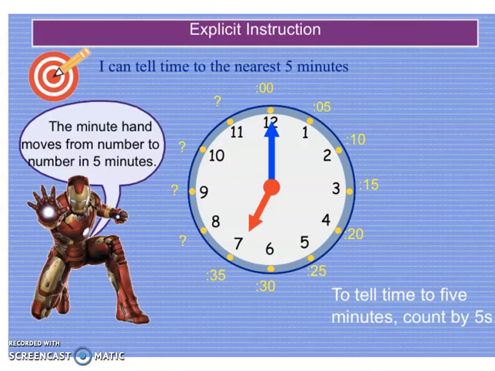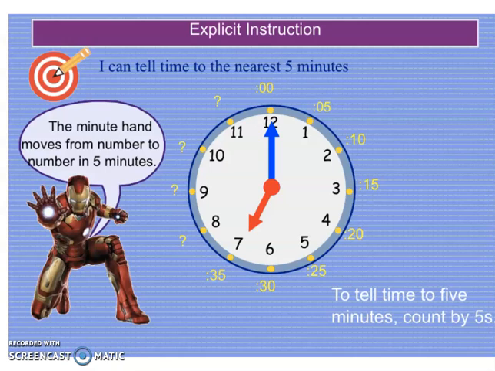Let's look at the other problem. Now, we're going to start with our lesson. I can tell time to the nearest 5 minutes. So right here we have what is called an analog clock. On our clock, there are a minute hand and an hour hand. Now, the clock also has 5 minutes between each number. So we're going to start from the 12.